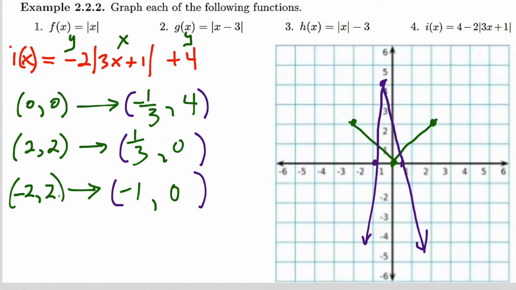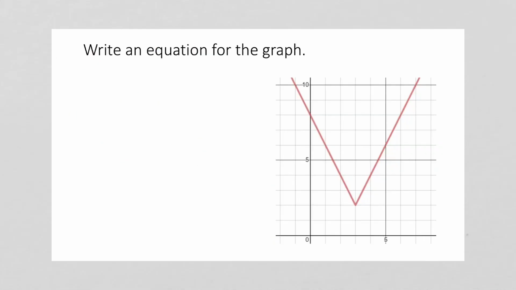So you can see from the translations that it's reflected over the x-axis. It's elongated by this factor. It's moved to the left by this inside part here, and it's raised up by 4 by this outside part here.